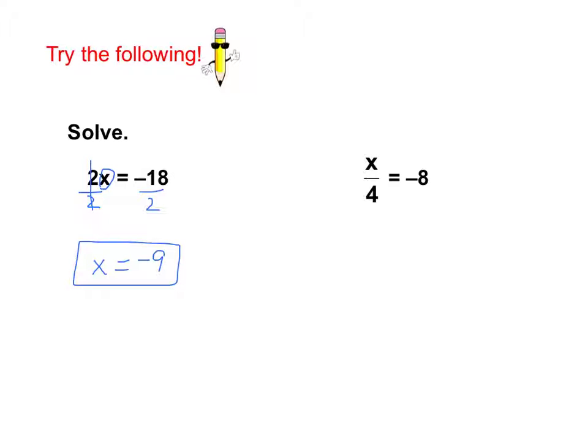The next problem is division, so instead of dividing by 4, I'm going to multiply by 4. And again, I could cross reduce, left with x. Negative 8 times 4 is negative 32. I'm all done. So again, keep in mind it's the inverse operation, not the opposite number.